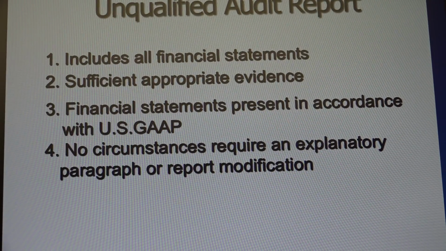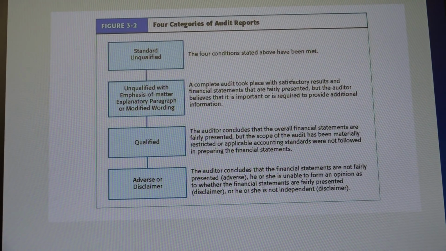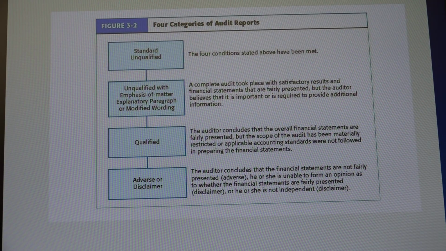And so if you look at figure 3-2, here you have your four categories of audit reports. You have your standard unqualified. If it meets the four conditions stated, you as an auditor can issue a standard unqualified opinion. If any of those are not included, then you've got to go to one of these other categories.